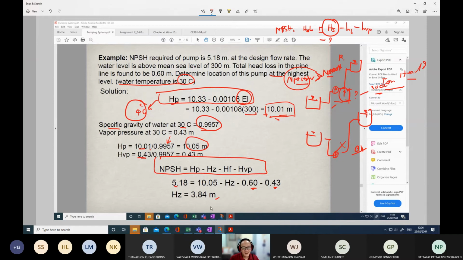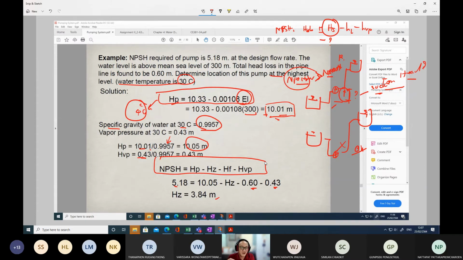Just substitute these numbers into this equation. Then we can locate the pump at 3.84 meters above the water level in the suction reservoir, and that would be the maximum height that we can install this pump under these conditions. Okay, so this is the NPSH issue. Whenever we install pumps, especially centrifugal pumps, we need to be aware of the NPSH available.